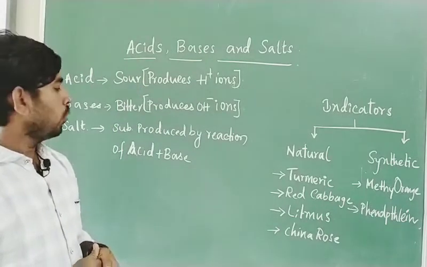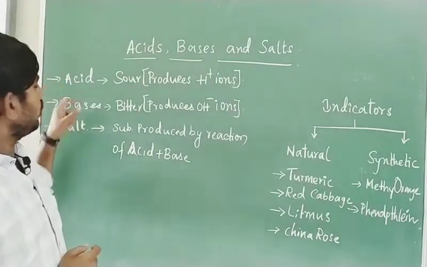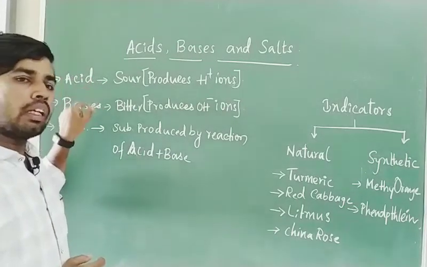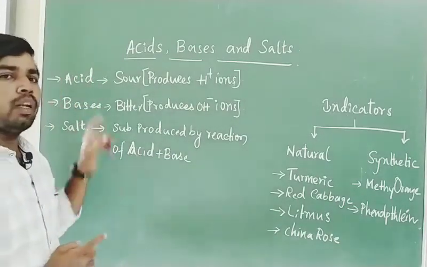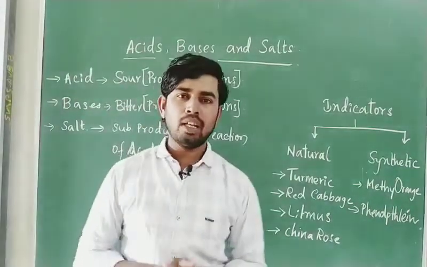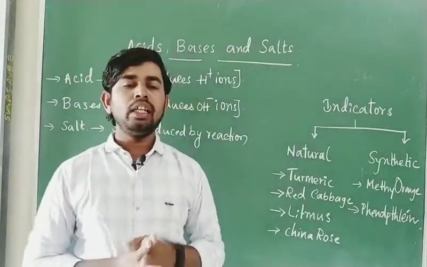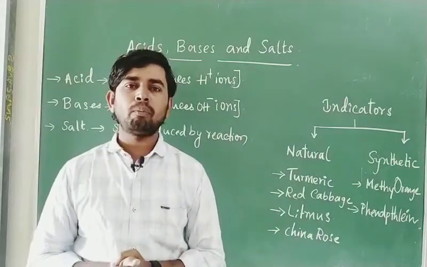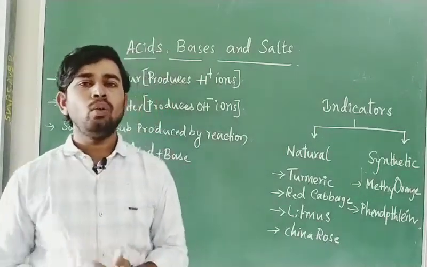Keep in mind. What do we mean by salt? When an acid reacts with a base, it is going to produce two products. One is salt, the other is water.